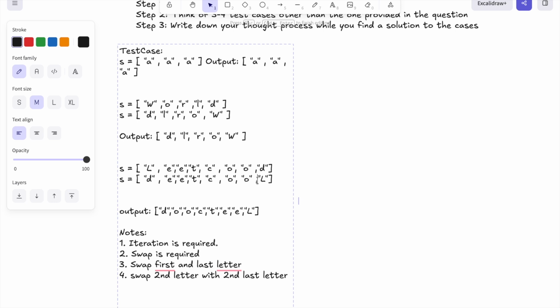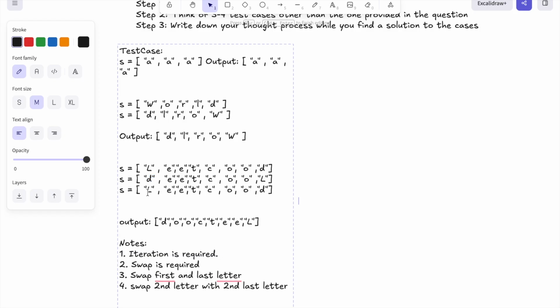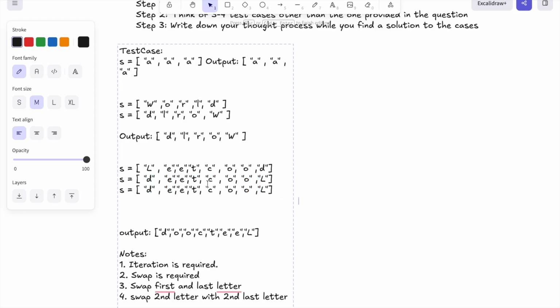Now do you see that L is also on the correct position and D is also on the correct position? Okay, great. Now second last letter we also need to move. So we swap it with O here.